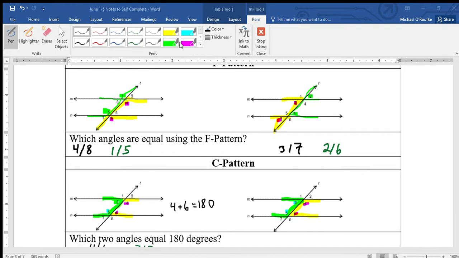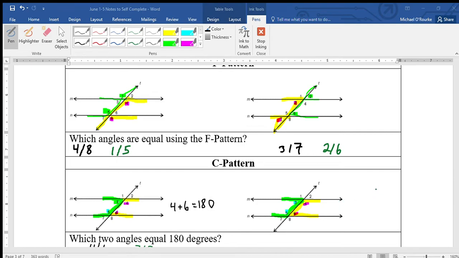Then from there, let me make a C pattern. So I know my C pattern is 180 minus 135, which equals 45 degrees. Where did my mouse go? 45.